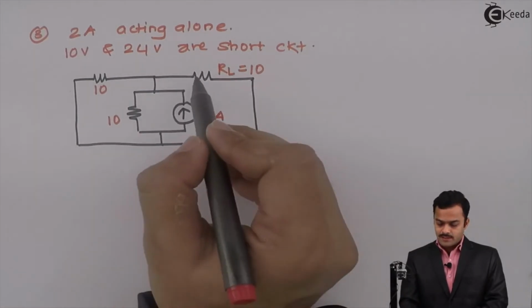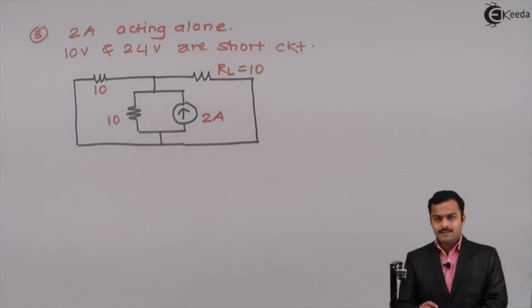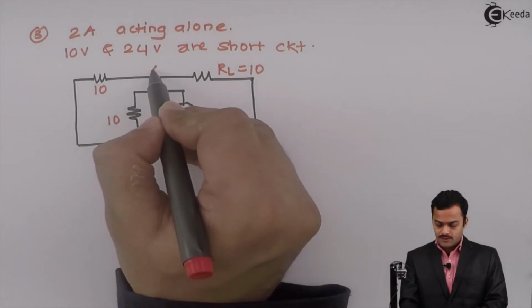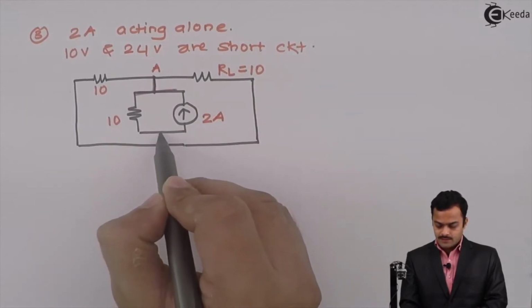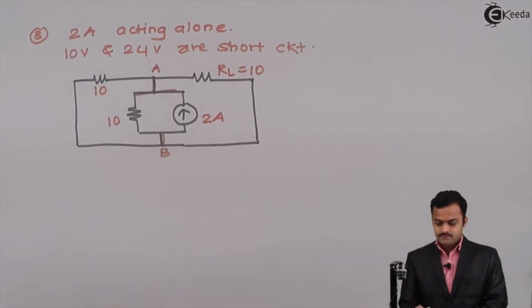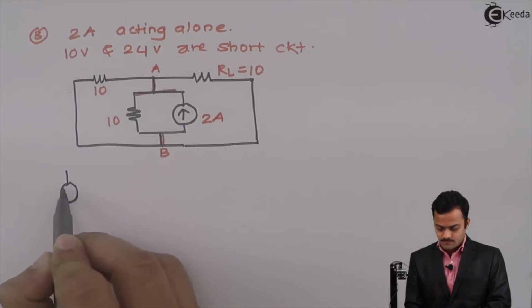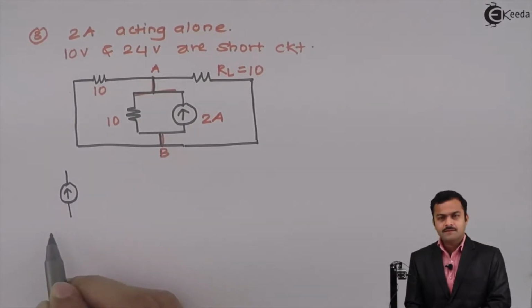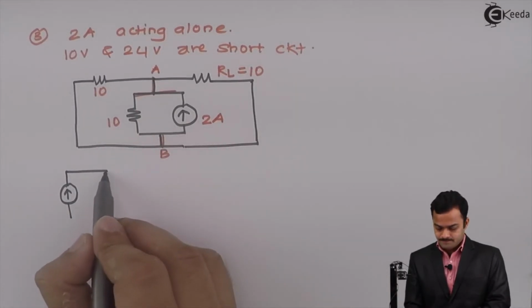Now our job is to get this current. So if I draw the circuit properly, once again by tracing the points, let's take this point as A, the entire point is A, and this point is B. So all the elements are present between points A and B. If I redraw the circuit, I will start with the 2 ampere, then a resistance which is parallel to 2 ampere.